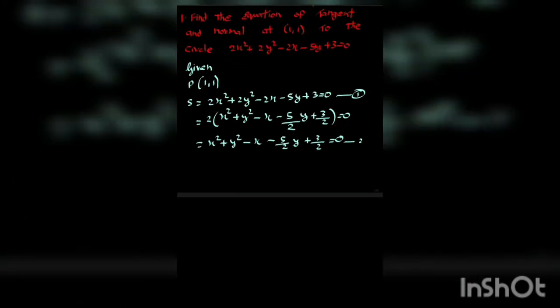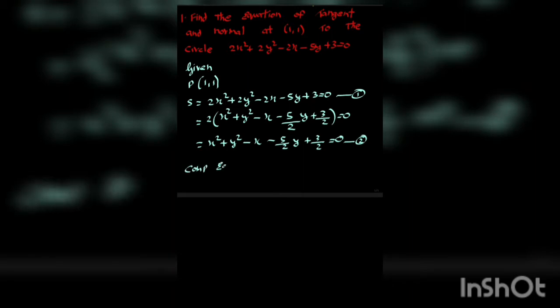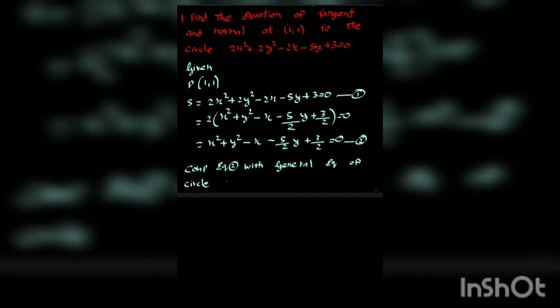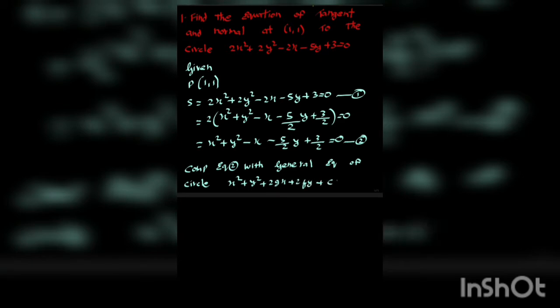Consider this as equation 2, and now compare equation 2 with the general equation of circle, that is x² + y² + 2gx + 2fy + c = 0.